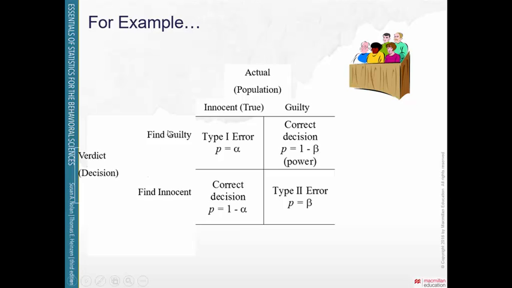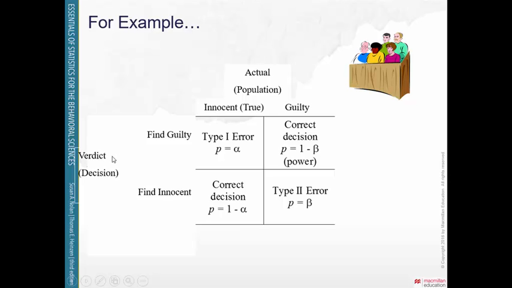So if we find the person guilty, based on the evidence, we say there's enough evidence this person is guilty, they need to go to jail, and in fact, they really are guilty. They did steal the car. Well, you've made a correct decision, and this is great. You've sent a guilty person to jail to pay for his crime, or her crime, right? Could be either.